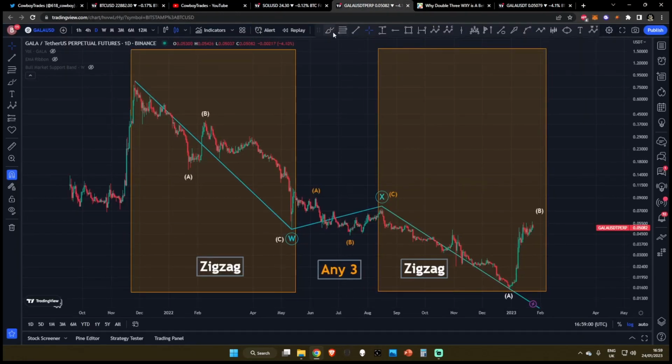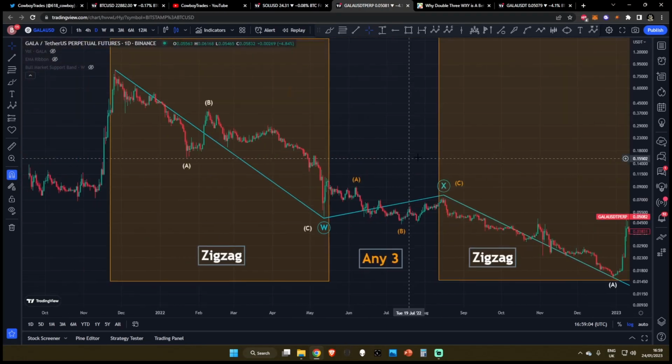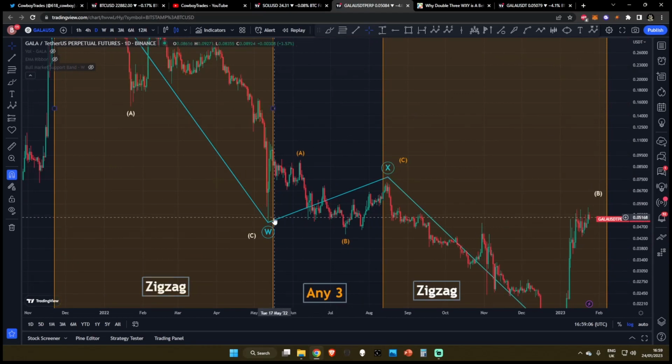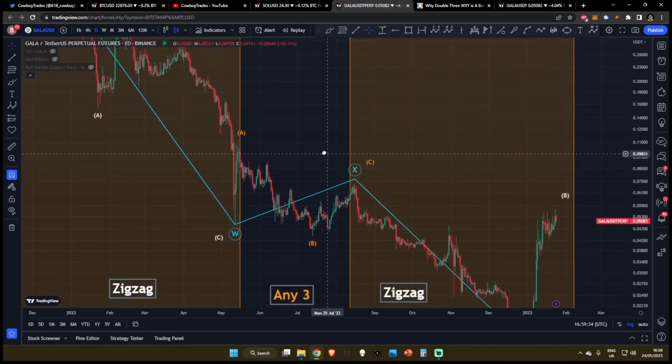So you can see A, B, C, that is the zigzag complete. If we come over to this X wave pattern, you can see we had lows established over here around about 4.9 cent. We had a move up, so once again lows here, we pushed up to A, or if you're looking at the low from here, on the daily time frame, you can see the low was here, and you pushed back up to A. You can see we came down and formed a B, and we finished this ABC correction pattern round about 7.2 cent for galagames.